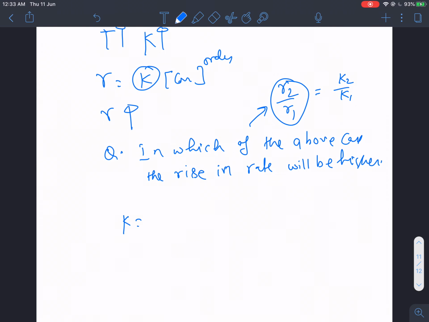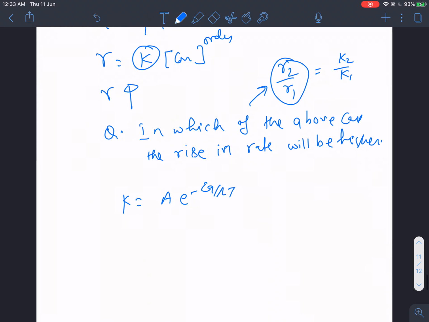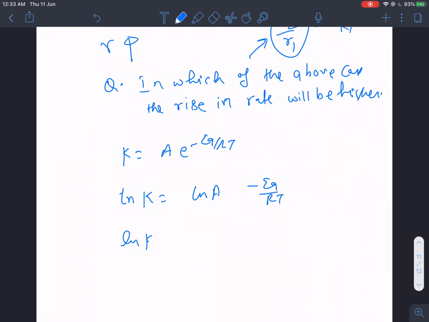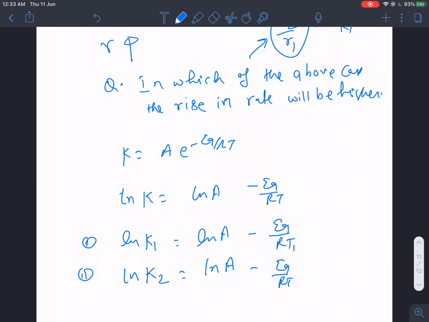You already know k is equal to A e to the power minus EA by RT. Taking a log, ln k is equal to ln A minus EA upon RT. Guys, from here, at temperature T1, it is ln k1 equal to ln A, the pre-exponential constant which does not change appreciably, minus EA by RT1. Now at temperature T2, it will be ln k2 equal to ln A minus EA by RT2.